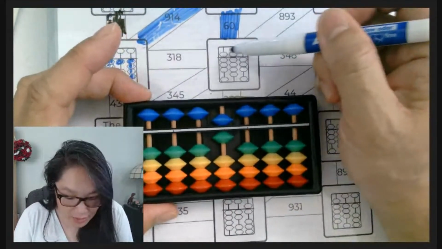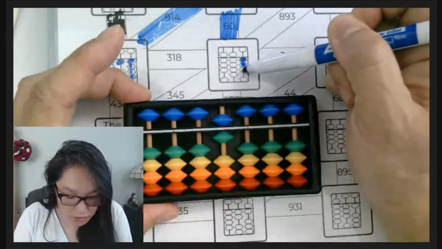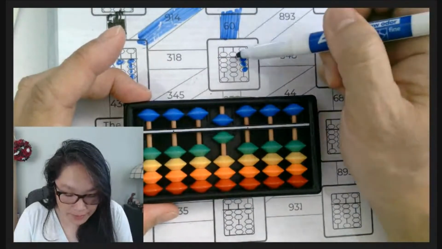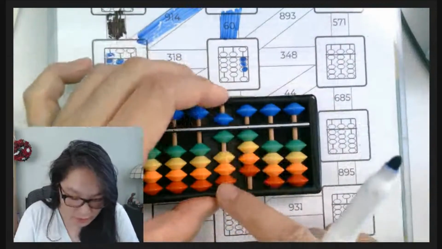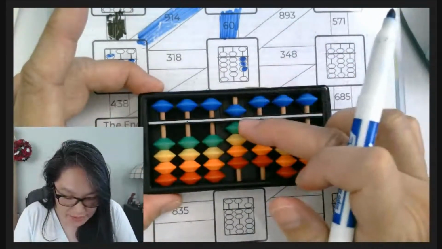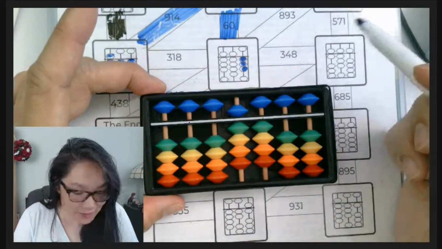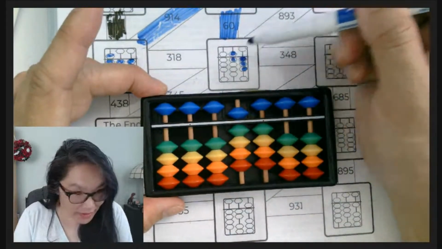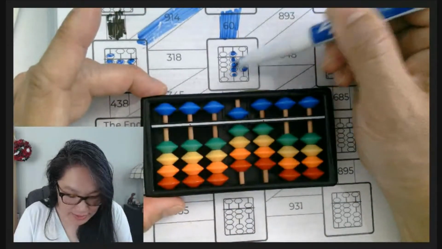Okay, so if we count this, we have 1, 2, 3 here. And then what number is this? This number looks very similar to this number. So if I line it up, this is 5, 6, 7, 8, 9. So 5, 6, 7, 8, 9.